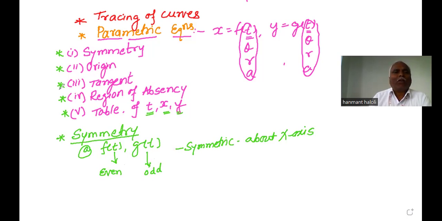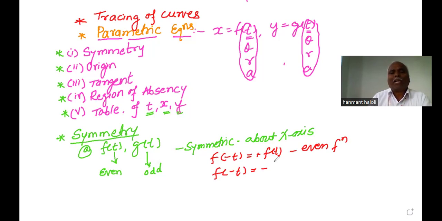Now, how do we find out odd or even function? Replace t by minus t. If the function does not change its value, then you say that it is an even function. And if you replace t by minus t and the function changes its sign, and it is the same otherwise, then you say it is an odd function.